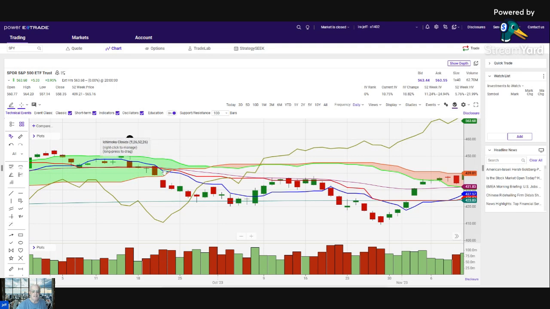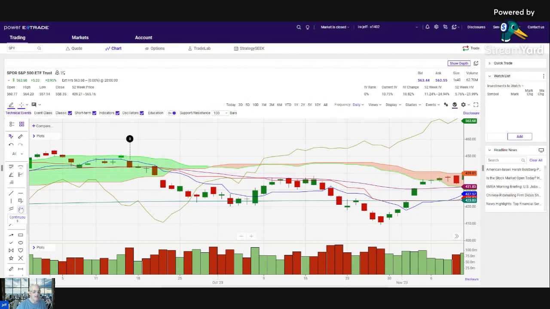So the red is above the blue. The olive line must be below the cloud for a short. Do not enter near the earnings date. And for this method, price must cross below the cloud after being in the cloud. So you see that right here.